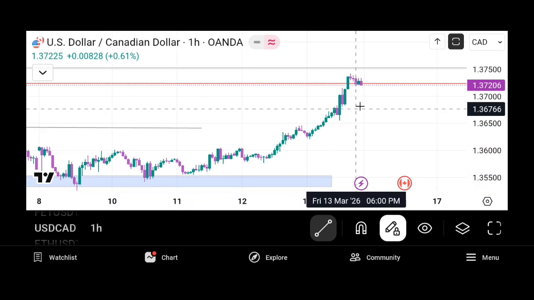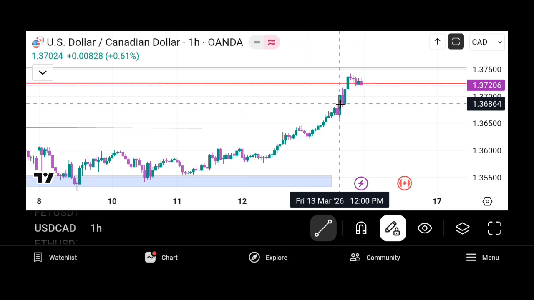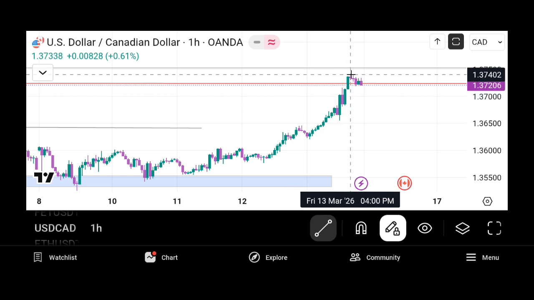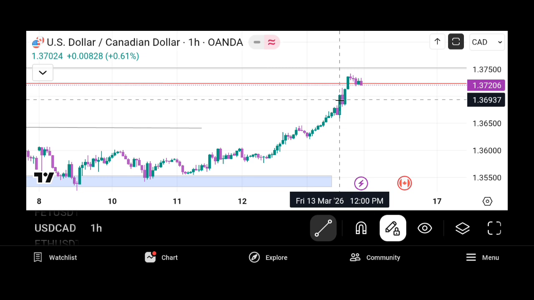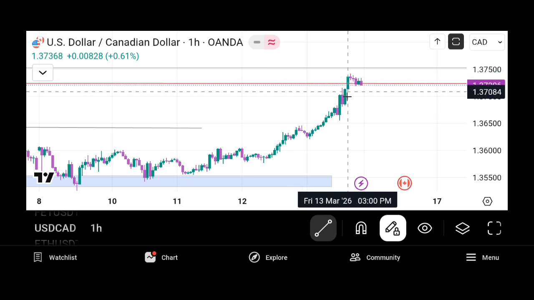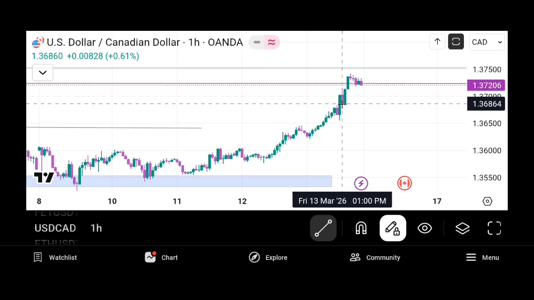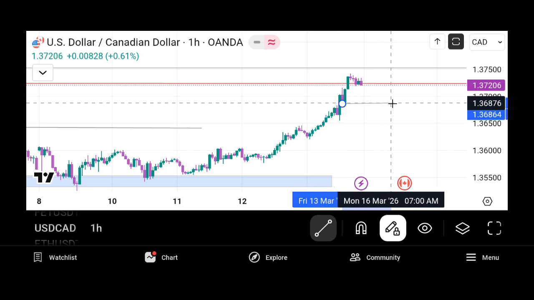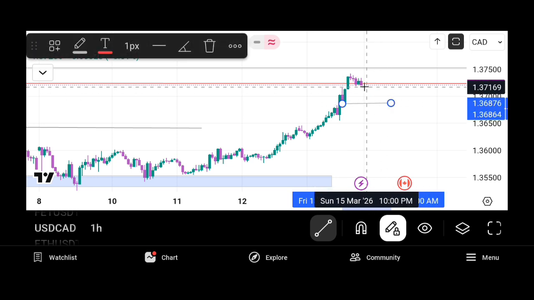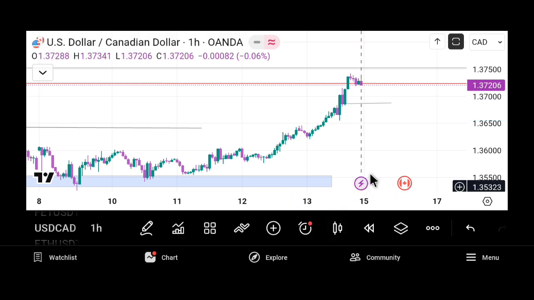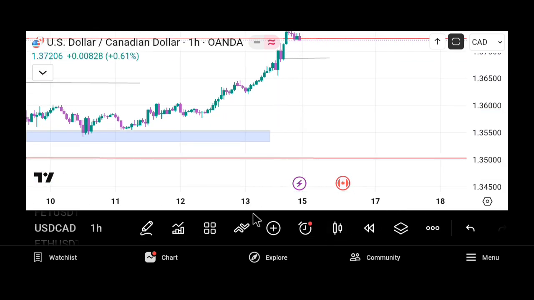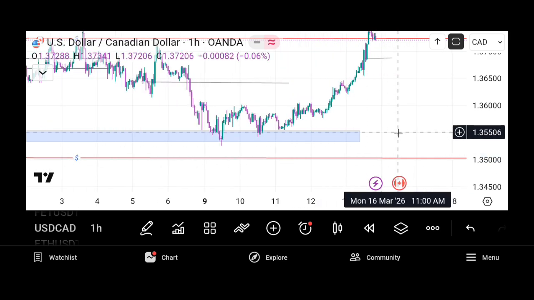So right here, you have this up candle, this down candle, this up candle. If we get a bearish candle closing below here, then that is a sign to take a sell from there.